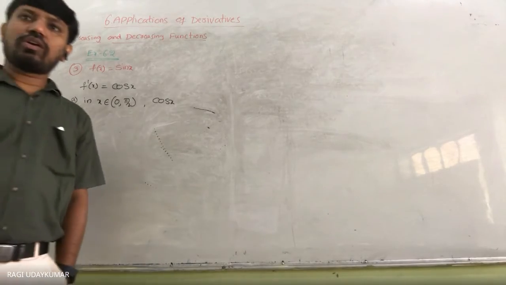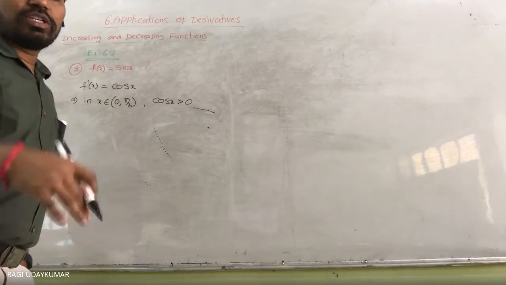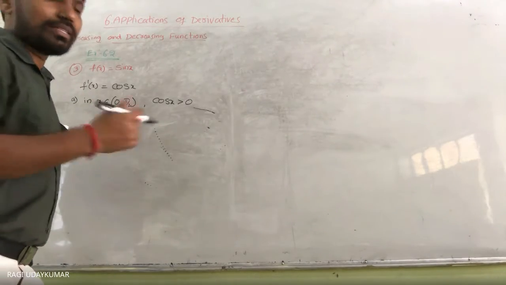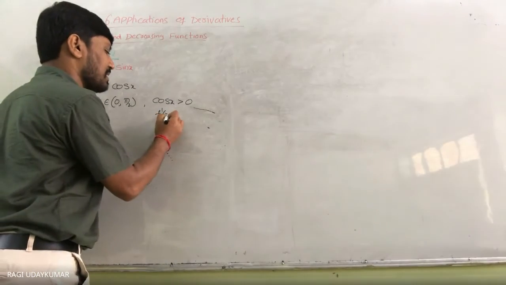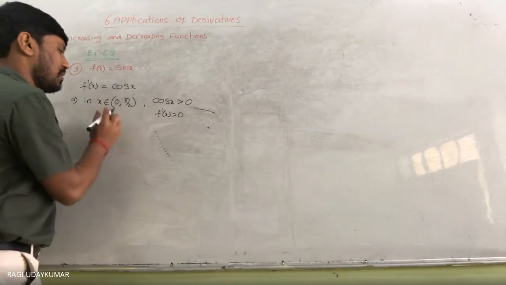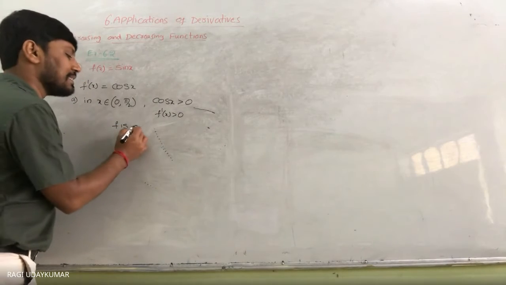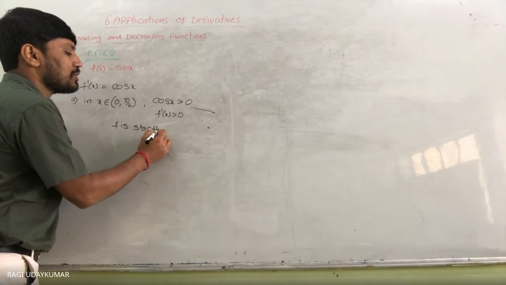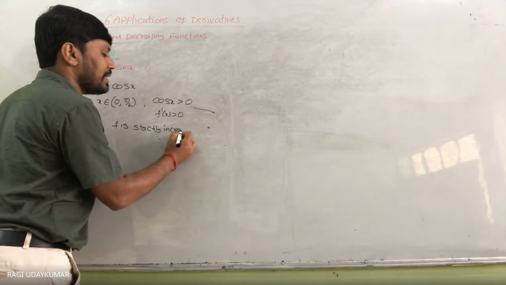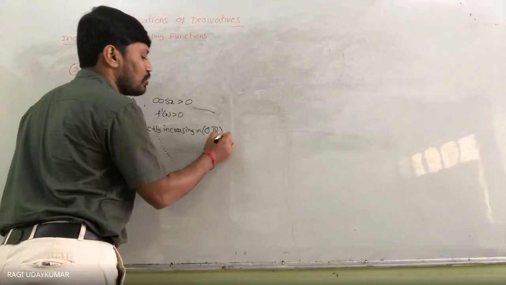So cos x is greater than 0, which means f dash of x is greater than 0, so f is strictly increasing in the interval 0 to pi by 2.